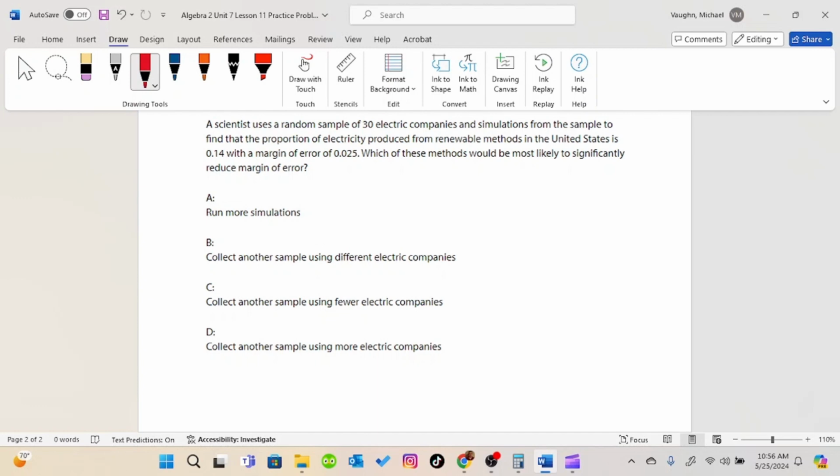So if I want to reduce the margin of error, I need to increase the sample size.